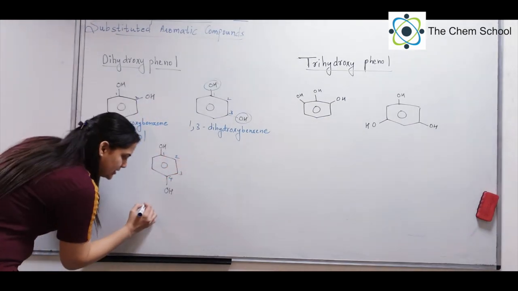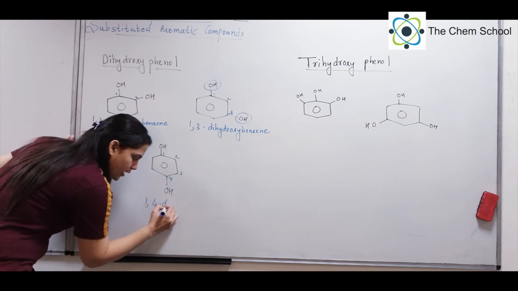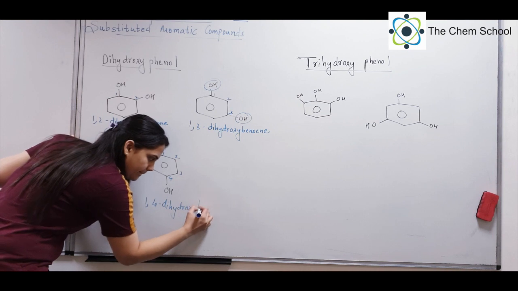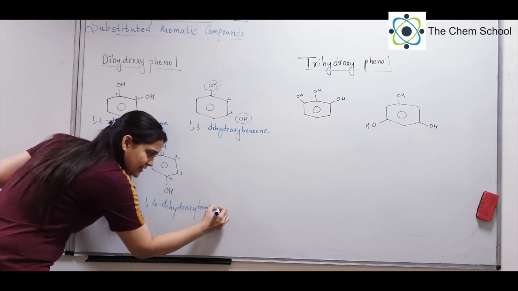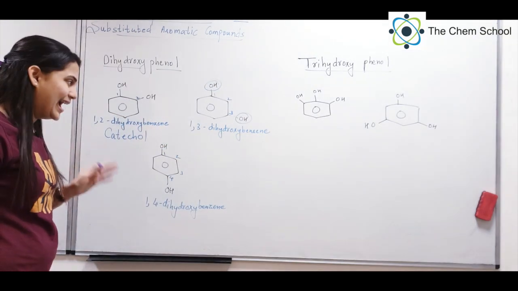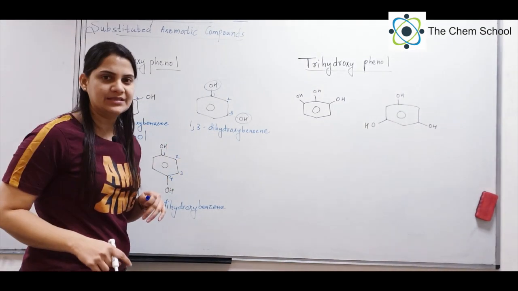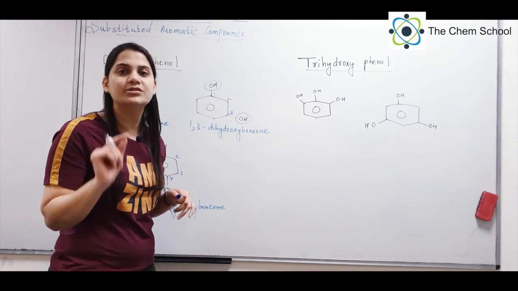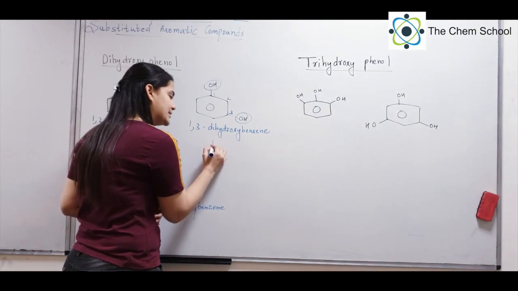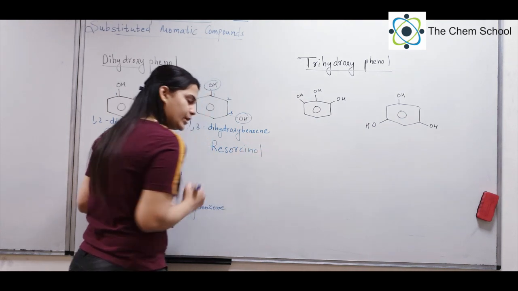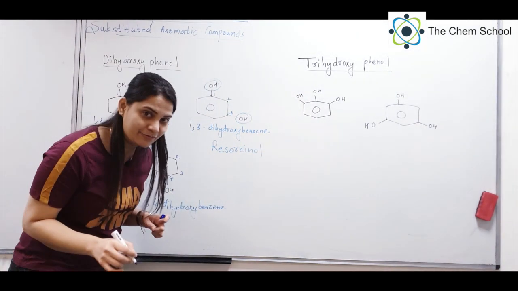So they are called 1,4-dihydroxybenzene. These names are very simple, but the other names for both of these are as follows. So 1,3-dihydroxybenzene is also called resorcinol. I repeat, it is also called resorcinol. So I hope this is a fascinating name for you.